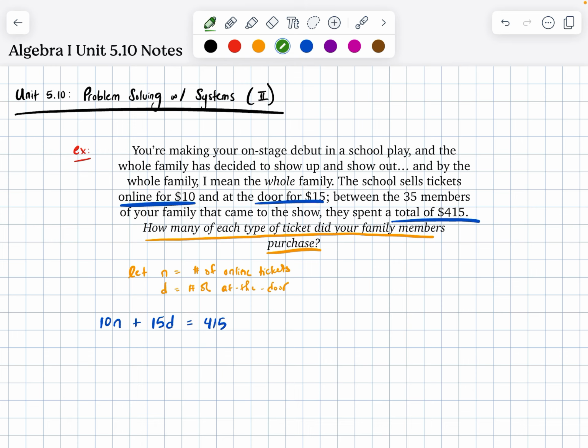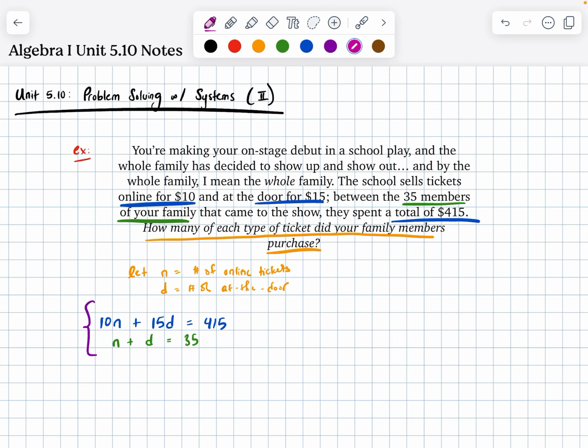Adding those 2 amounts together should give me my $415. And for my second equation, I know that we bought 35 tickets in total. So the number of onlines plus the number of at-the-doors should equal 35. There we go. There's our system.